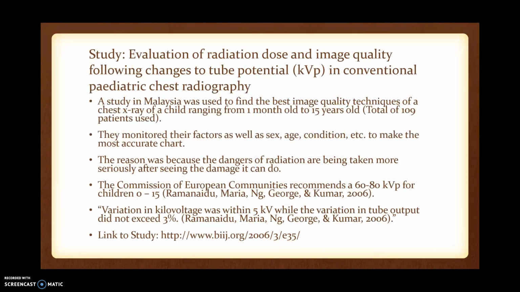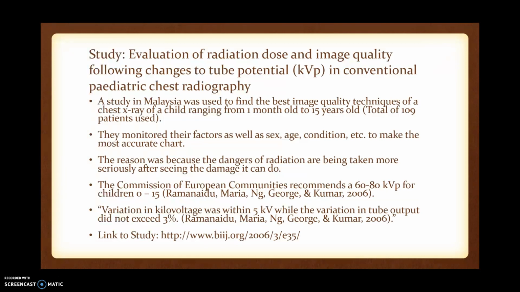Then there was a study on radiation dose on pediatric patients. There was a study in Malaysia where they used children ranging from 1 month to 15 years old, a total of 109 patients, and determined the best technique to use on said patients.